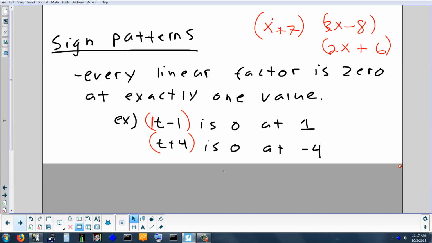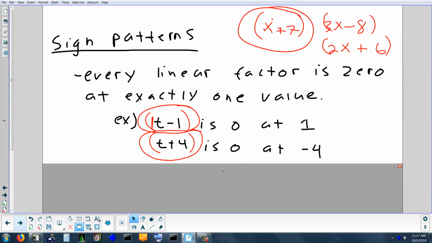And the idea is that every factor I wrote on the board has exactly one number you can plug in and make it 0. I could plug -7 into what I just circled and it would be 0. I could plug 1 in right there and it would be 0. I could plug in -4 for t and it would be 0. There's no other number. There's only one number that makes it 0. Any question on that?